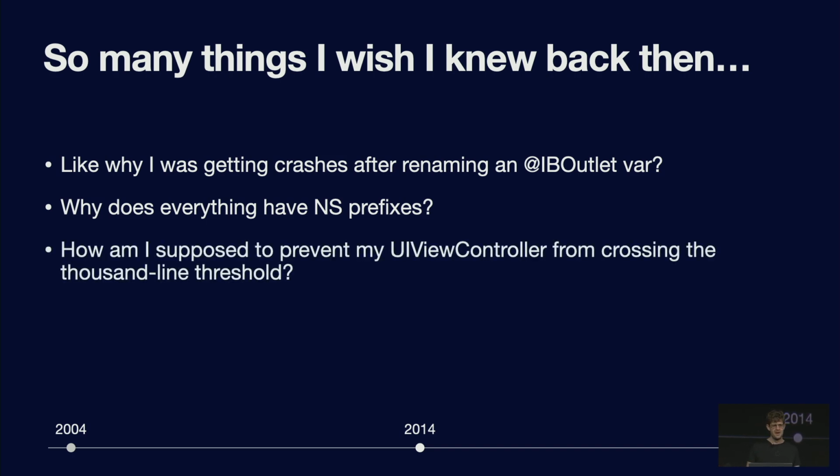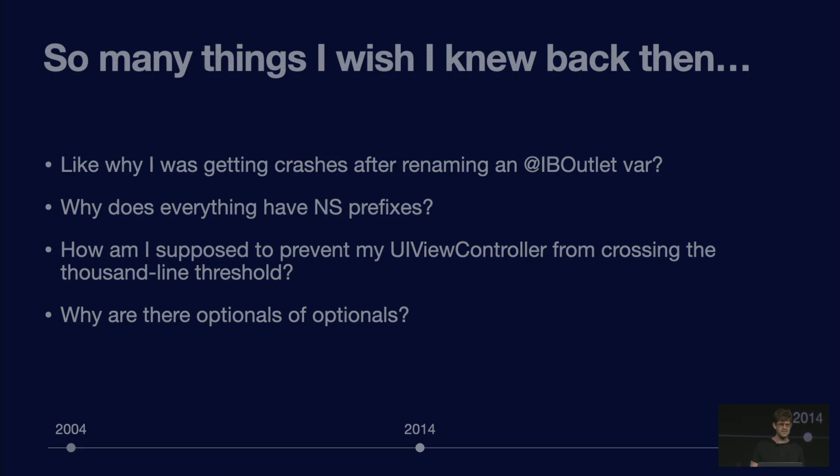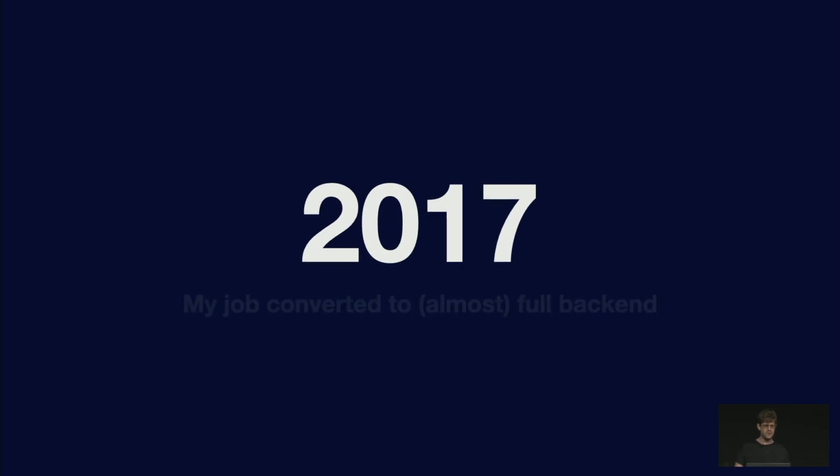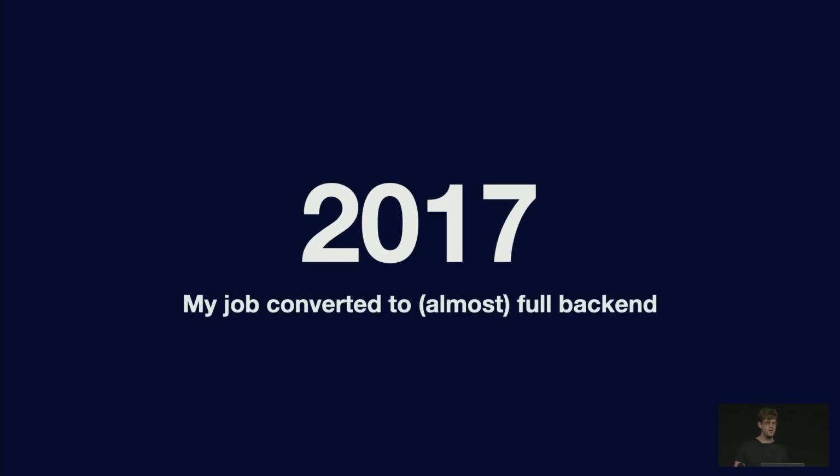And why is my UIViewController becoming that huge? Because I don't know anything about architecture, obviously, and I won't even mention AppDelegate. And also, why have I gotten some optional? Oh, Swift 1.